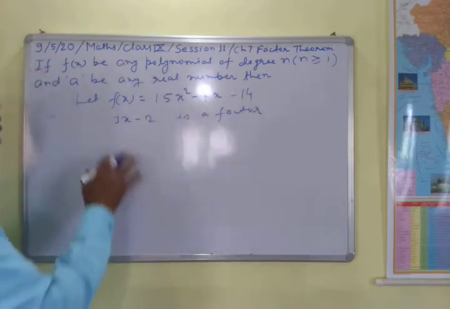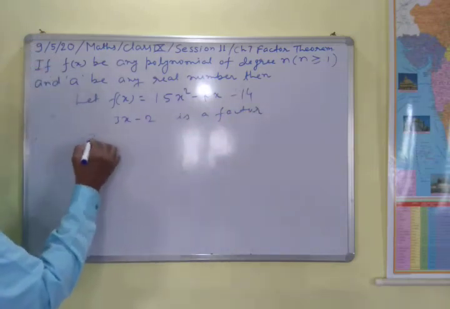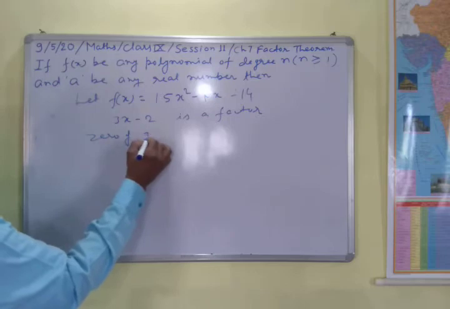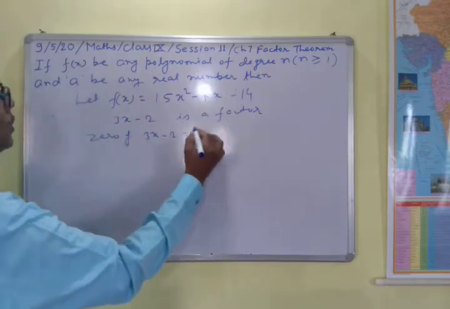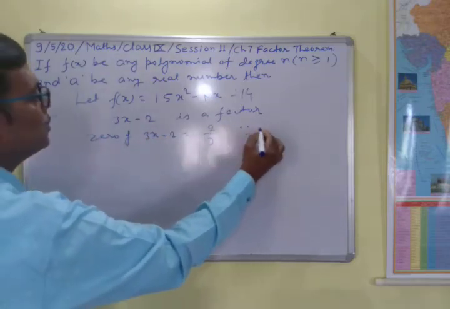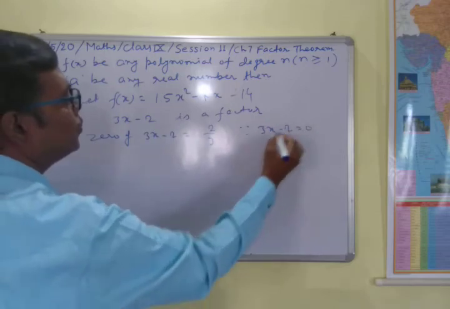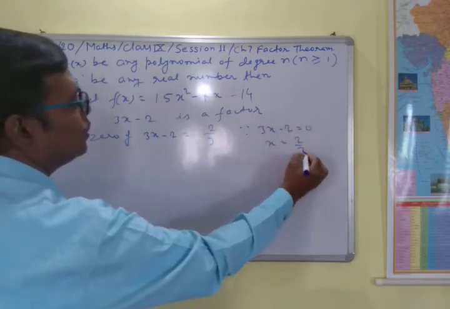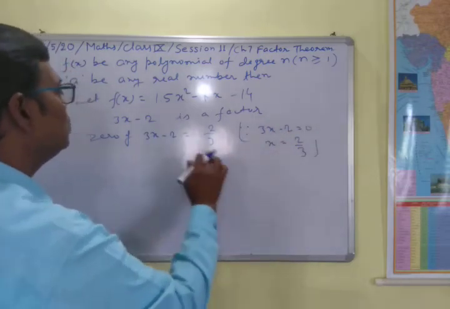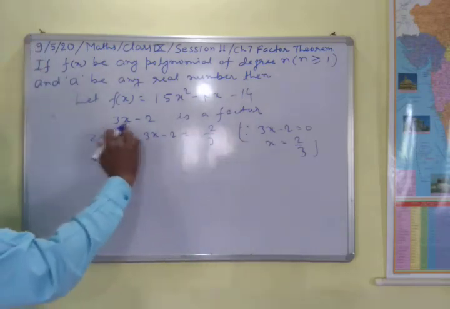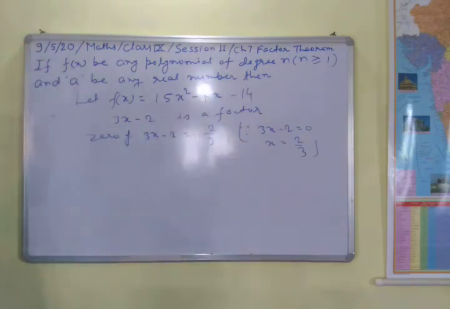It is given. So the zero of 3x minus 2 equal to what? It is 2 by 3. Since 3x minus 2 equal to 0, then x equal to 2 by 3. So this is the zero. The zero of this divisor 3x minus 2 is 2 by 3.